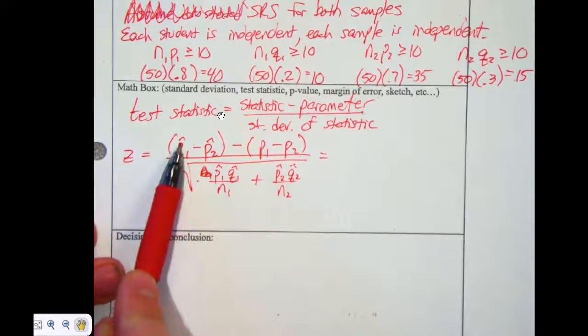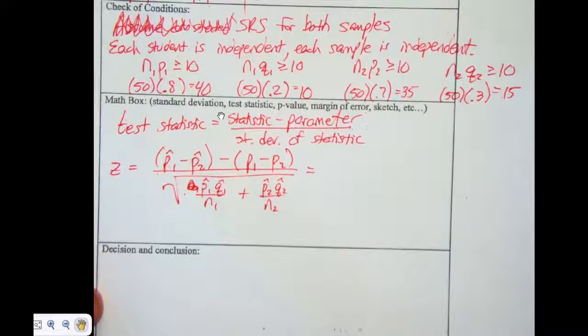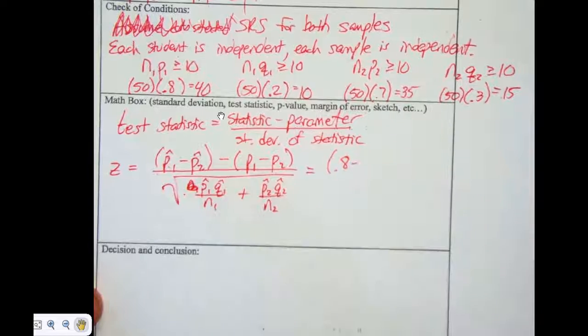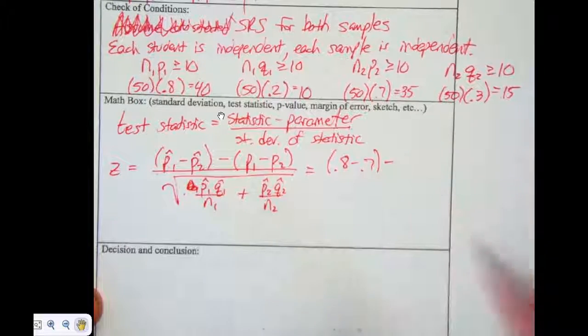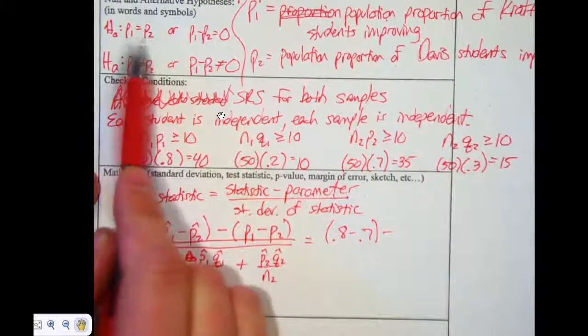What is P1 hat? 0.8. What is P2 hat? And then this happens every single time. What is P1 minus P2? I don't even know what P1 and P2 are, but I said up here, and this is what you go off of.